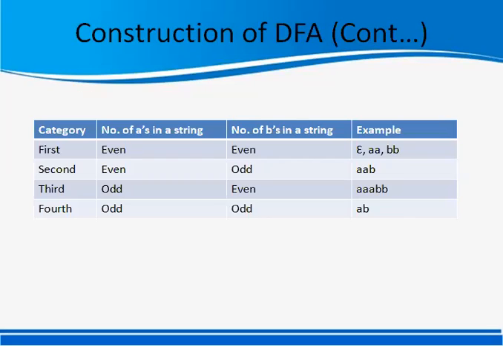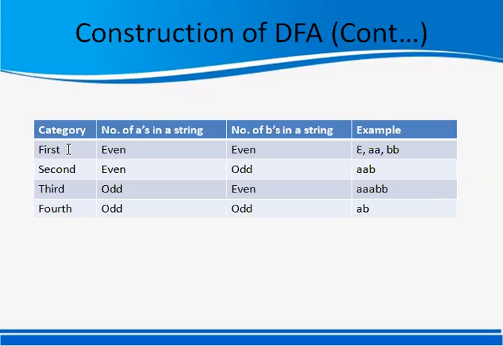So we can categorize all the possible strings into four categories. Either we have an even number of a's and an even number of b's in a given string. This will be our first category.